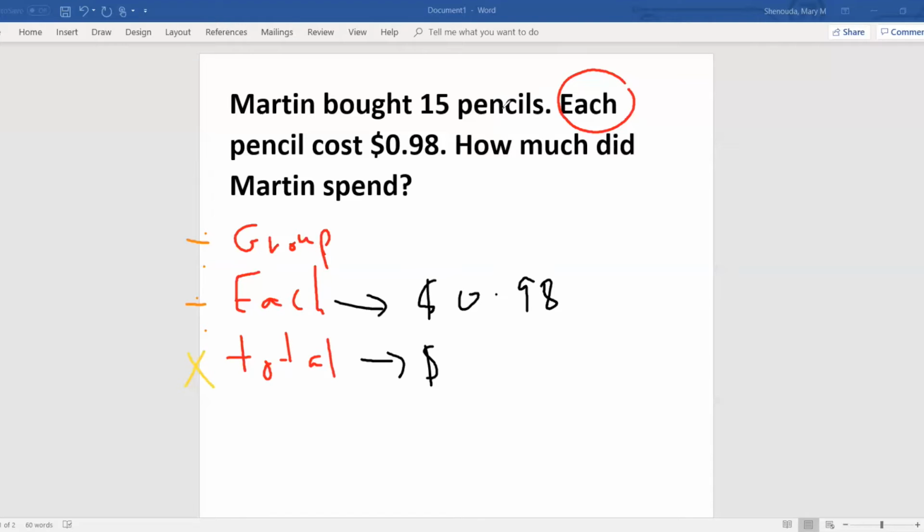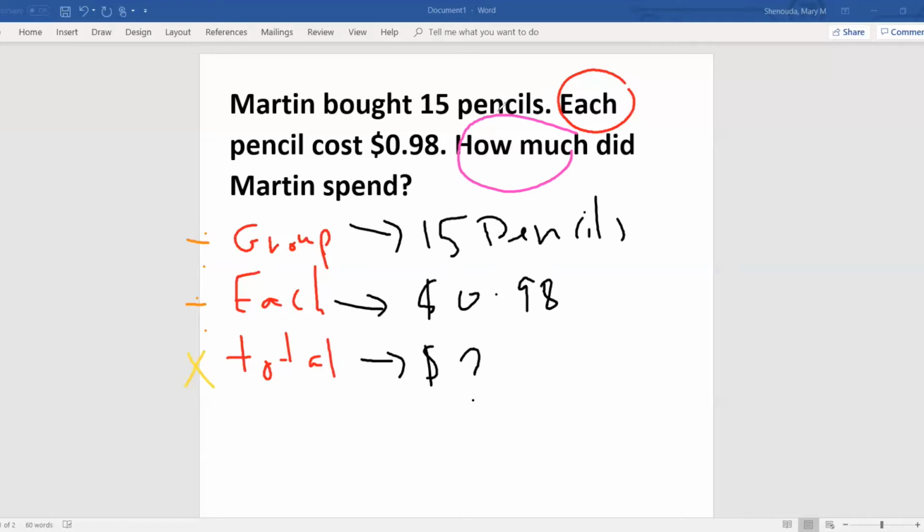Am I given the total money spent? No, that's actually what I'm looking for. It says how much did he spend? So I'm looking for the total spent. So I'll put a question mark. That means the other number that's given to me, which is 15 pencils, gotta go for group. Group will always have a different unit from each and total.